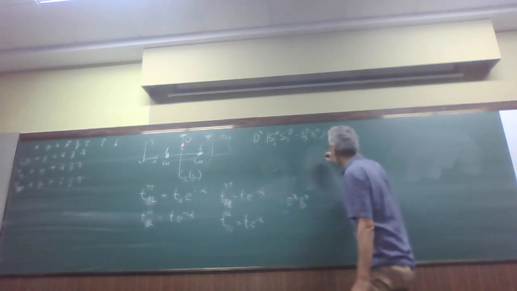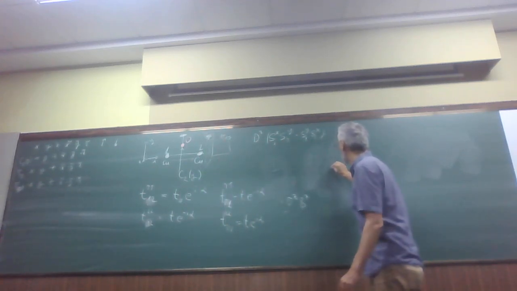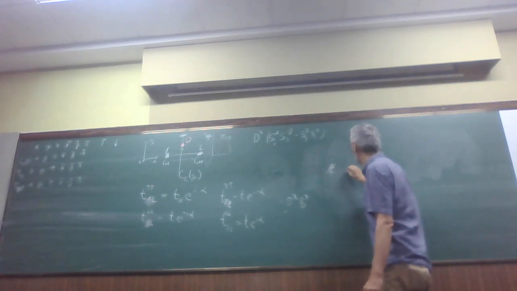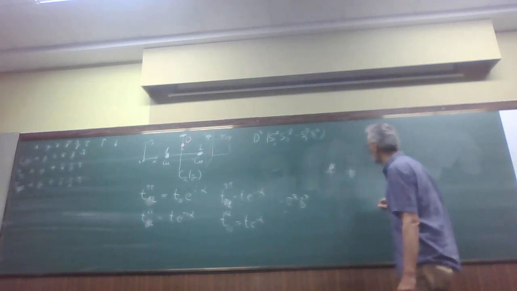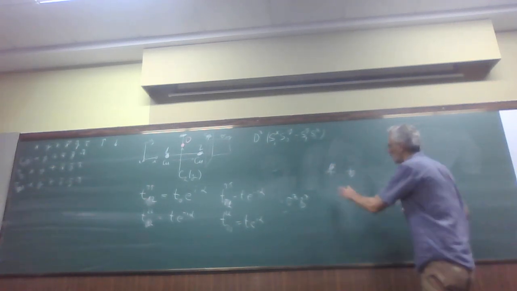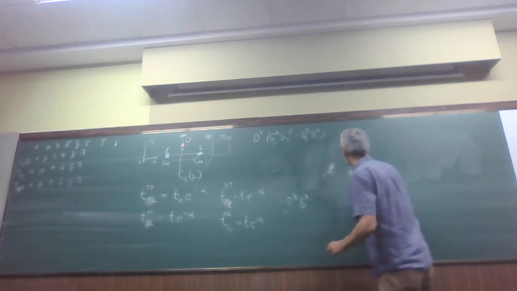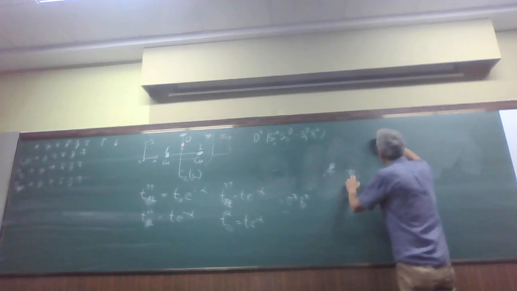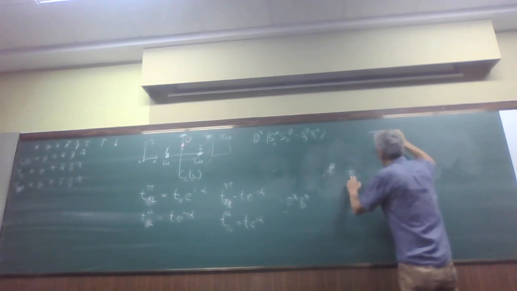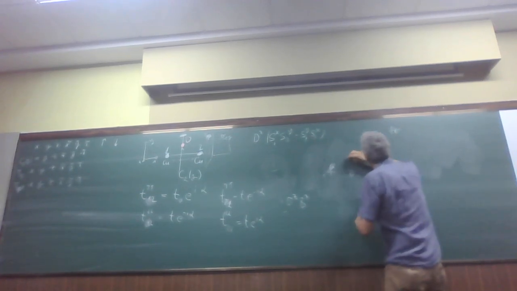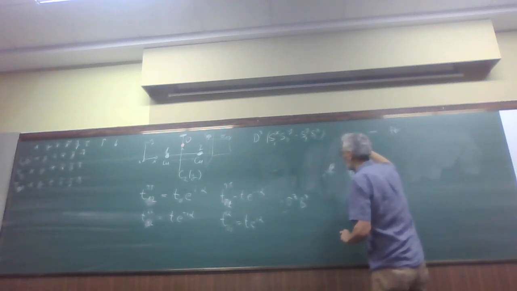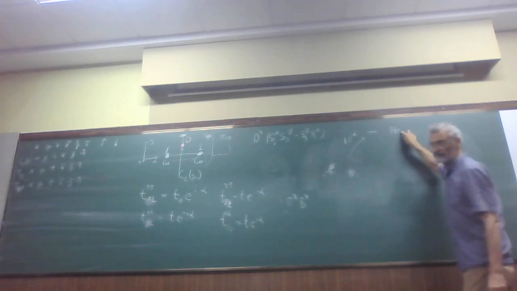So we have here up, down, and this is side 1, 2. So we will have a situation where we have up, down, and this was T times e to the i alpha. Okay, right here.